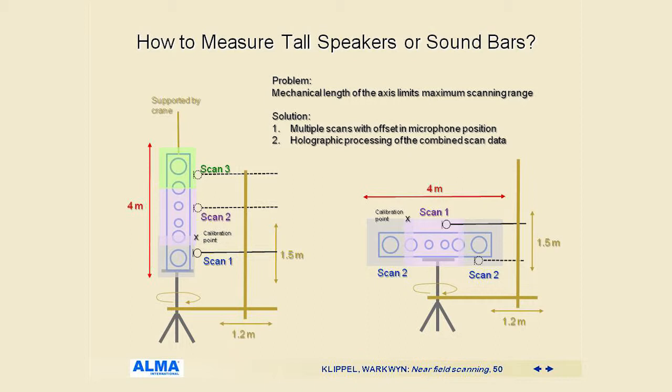And by picking a calibration point between the 3 scans, we can combine the information and get the same results. What is the maximum height of the one scan? Right now, with the current setup, this slide shows 1.5 meters.